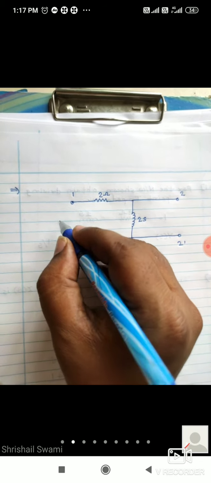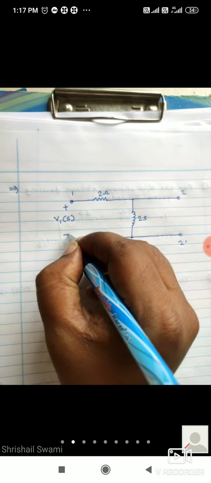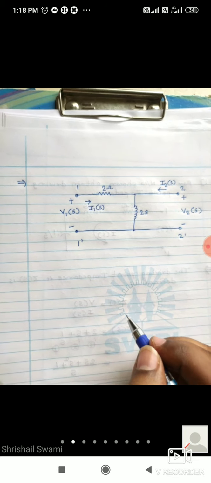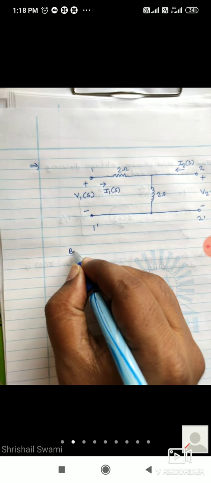So this is the 2 ohm given, this is the 2S, this is 2 dash, 1 dash. Okay, so here as usual we give V1 of S with plus minus, the current is I1 of S. Next this current is I2 of S, and this voltage is plus minus V2 of S. Okay, so we'll start by applying KVL.